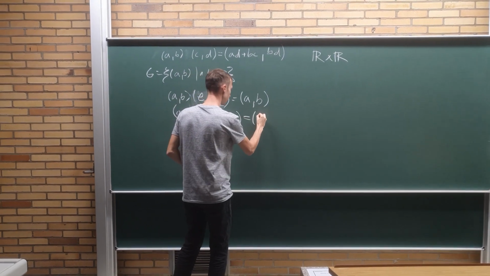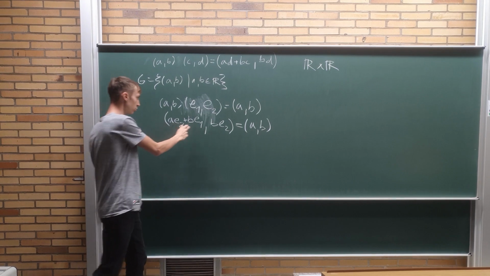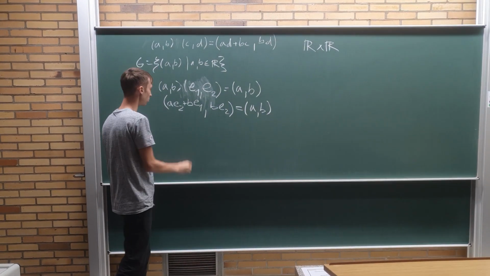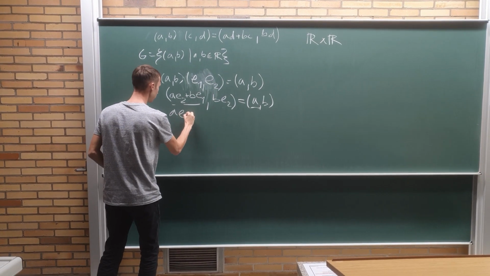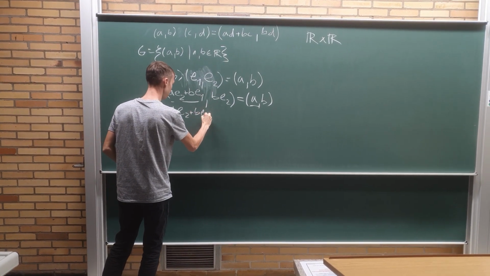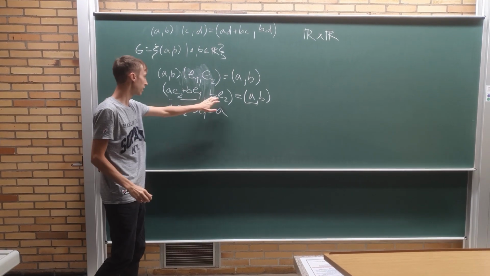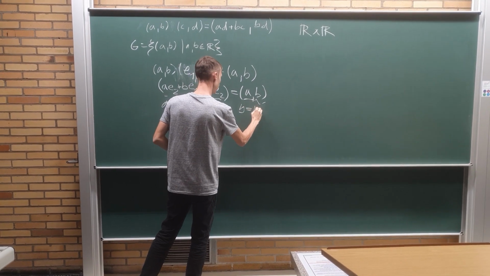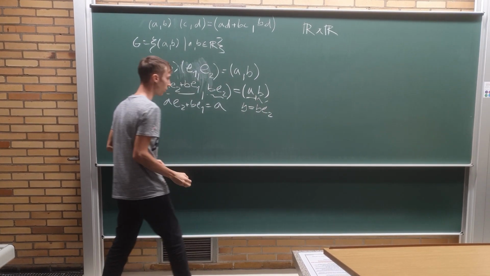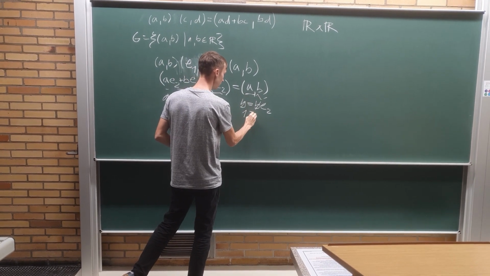And this should still be equal to (a, b). Now from this two-tuple, what I can do is take these individual two entries and compare them. So for this first one, I have a e2 plus b e1, and it should equal a. So that's one equation I have, and then for the second entry, I have basically b equals b times e2. Now I can cancel out b on both sides, and I get 1 equals e2.